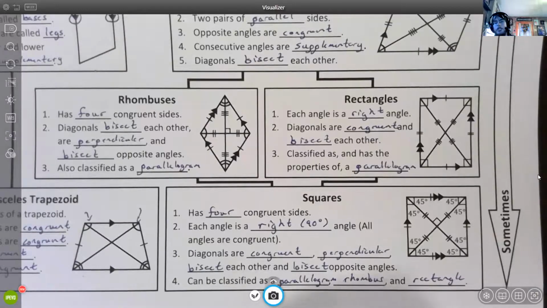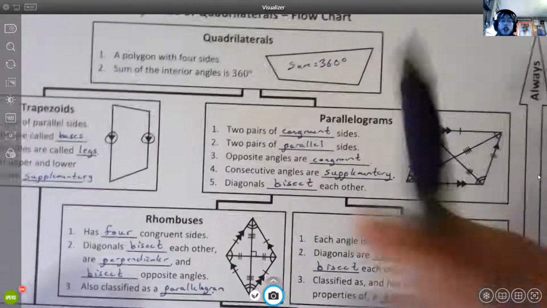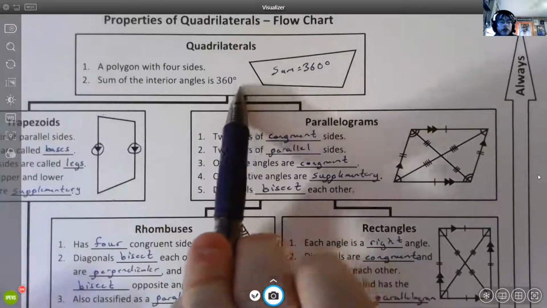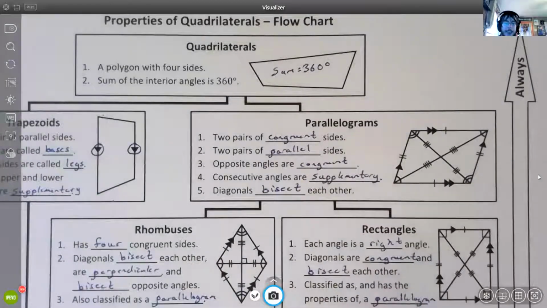Now, there is something that I need to point out about this flow chart. If you look here, since it's a flow chart, you have lines that come from each box and go to their separate ways, or they connect in some way.